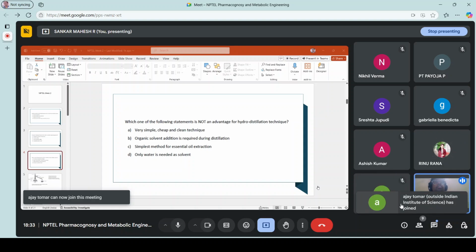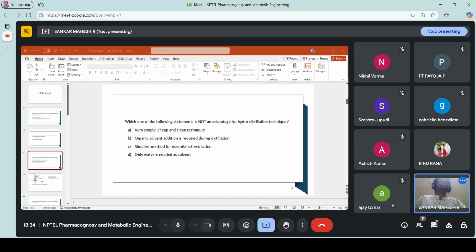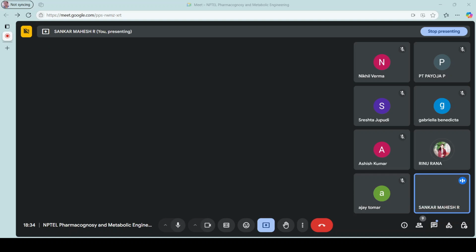Is it used to get an aqueous solution or lipophilic solution? Any comments on that? It is especially used for the volatile oils. Okay. So I'll first go through the schematic of how this looks in hydrodistillation. We'll go through the process and then discard the wrong options. Yeah, you can mute yourself.